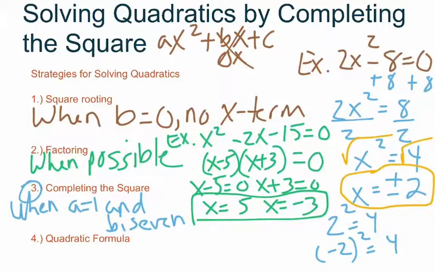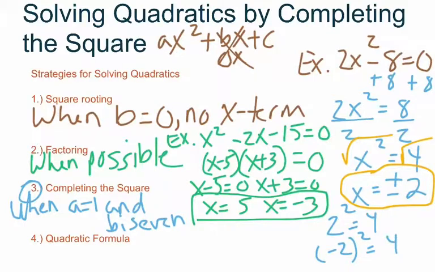It's just going to look a little bit different than what we did when we were changing the form. Now, one of the things that I noticed on the last test was that a lot of you were trying to identify the vertex and the axis of symmetry by completing the square. You were doing this process in situations where A was not equal to 1 and B was not even, so you were doing completing the square in very difficult situations. Typically, this is not our go-to strategy.